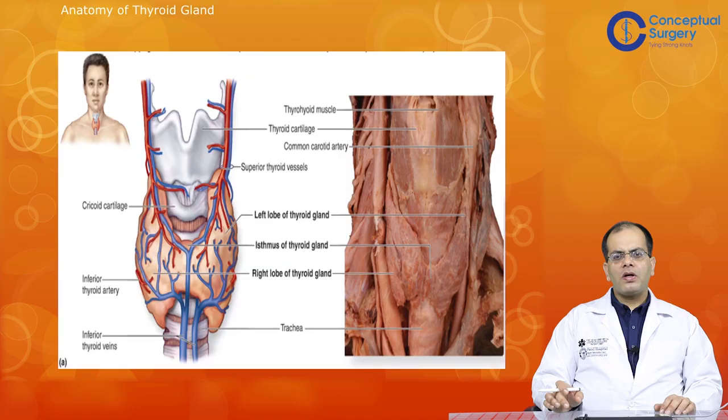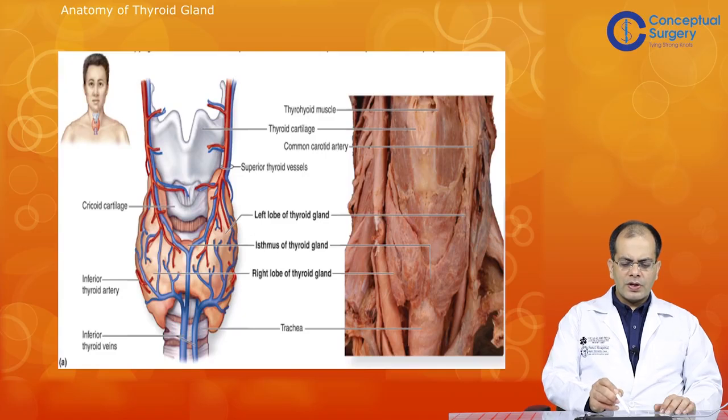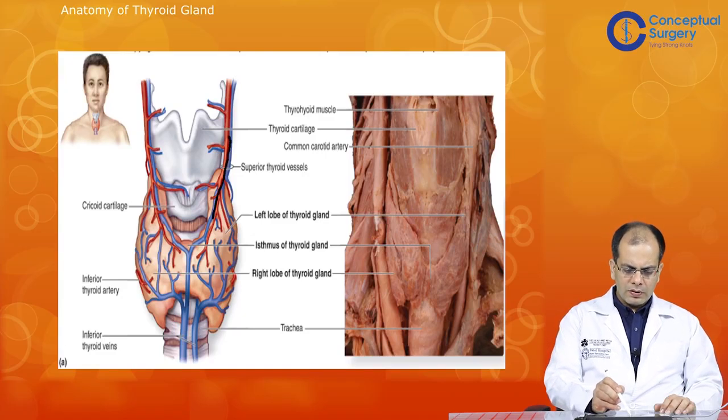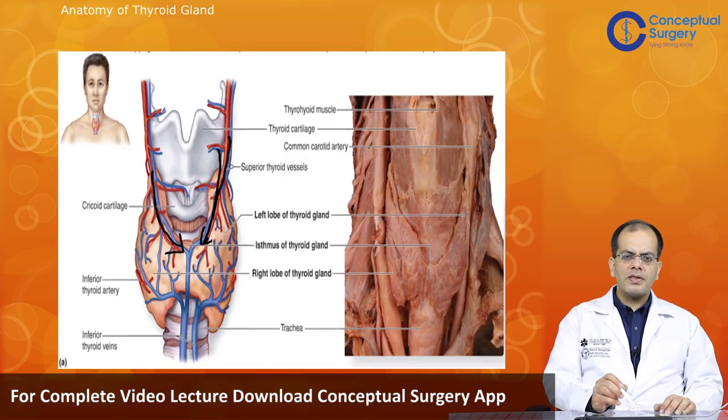Again, another vignette on anatomy of thyroid. On the right, you see a cadaveric picture, and on the left, you see a picture of the vascular anatomy. So you can see here that the superior thyroid artery is leading down from this part and is going along the superior pole to anastomose with the vessels on the opposite side. The same superior thyroid artery is also going to give branches to the larynx.